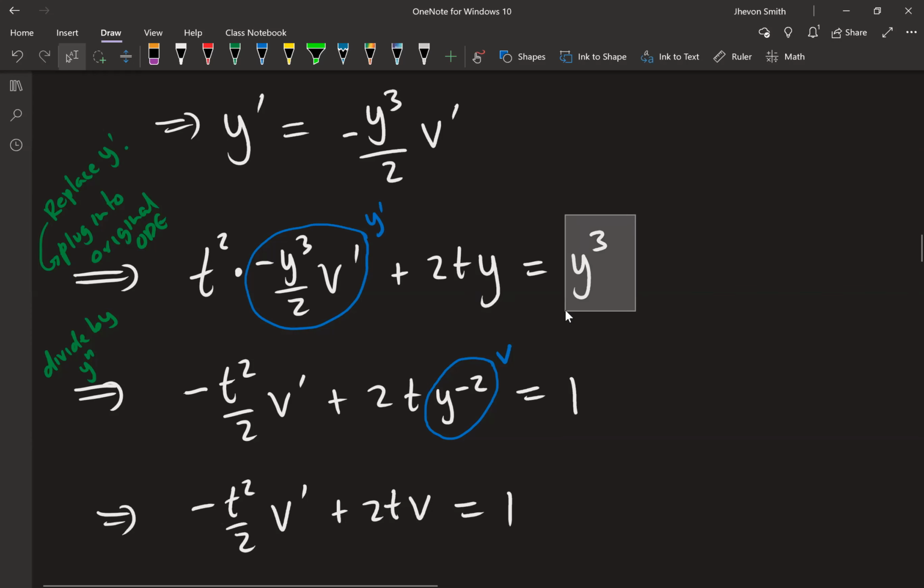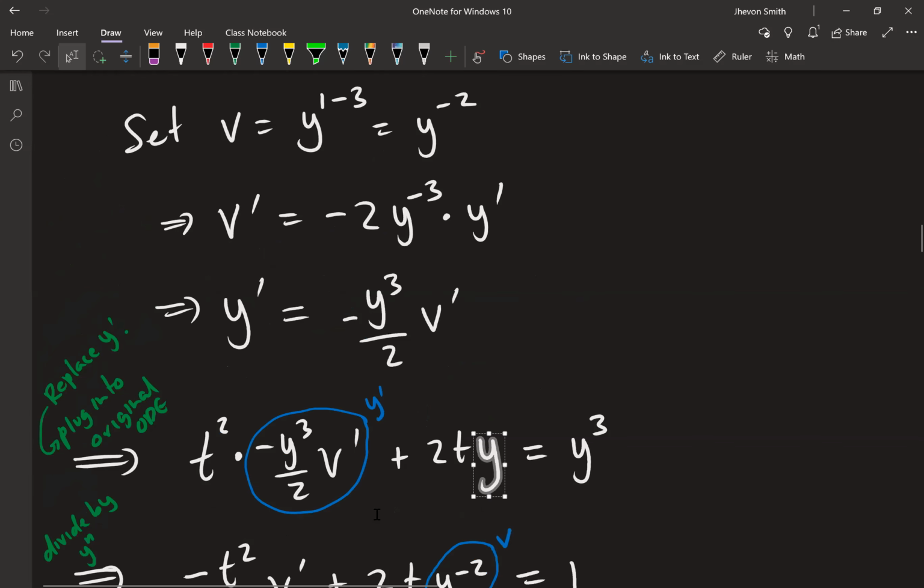So when you divide, this guy is always going to end up being the v. And then our substitution allows us to replace the y prime again with a guy that will simplify by this guy. This guy here is always going to end up in a numerator position, so that when I divide both sides, the y's disappear from this first part, and then the y here is just going to become the v.